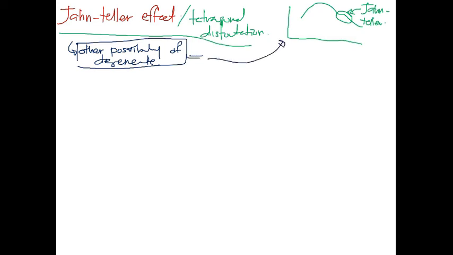For example, you have a D1 metal complex in an octahedral geometry, because the Jahn-Teller effect is observed in octahedral geometry. With D1, you have T2g and Eg.